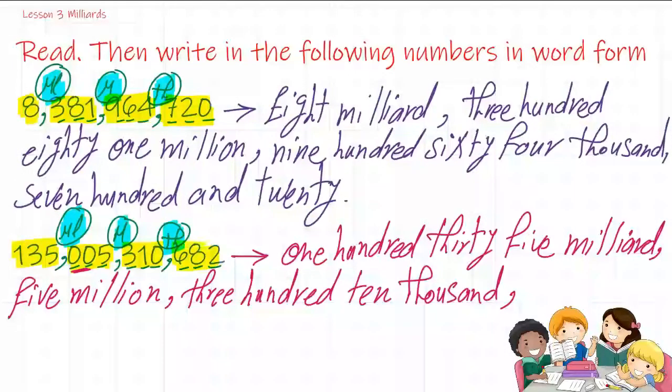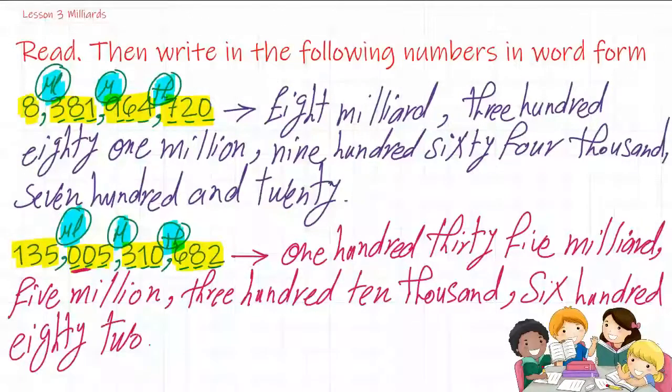And let's read the last 3 digits here, it will be 682. Okay, that's how to read and write milliards in word form.